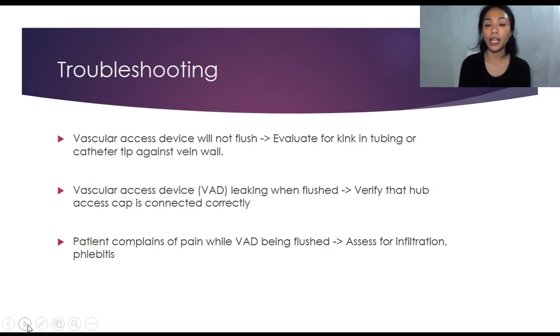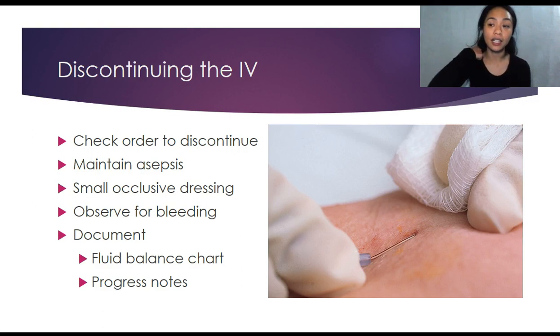And then always assess the cannula site. If it's just not working well anymore, it needs to be removed and replaced. When we're discontinuing the IV, we need to check in the patient's records that we are actually discontinuing the infusion.